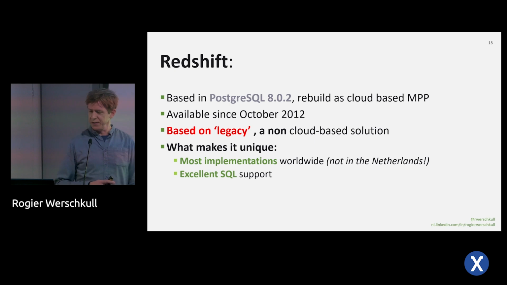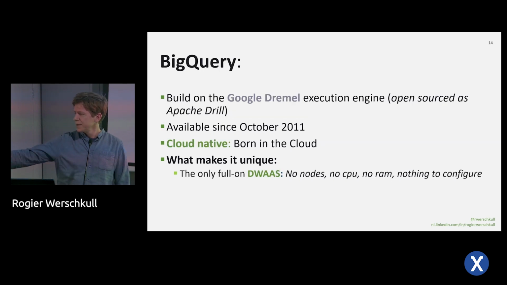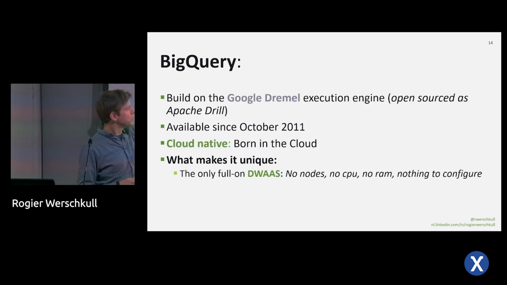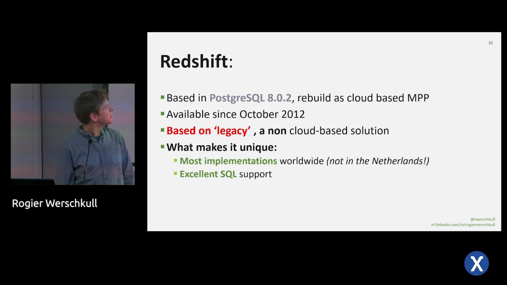Then we have Redshift, the oldest kid on the block. Even though it says here that it's in since October, I think this has something to do with availability being internal or external. At least Redshift from Amazon was one of the systems that went popular first, especially in the US.